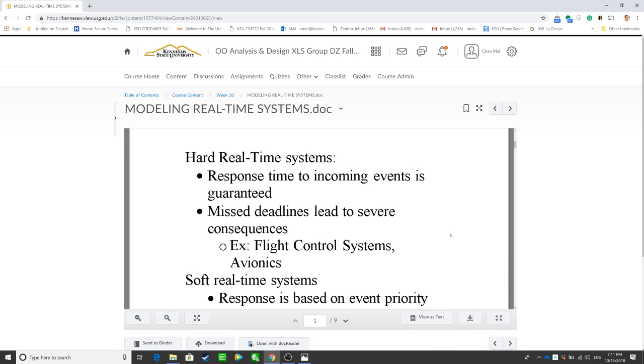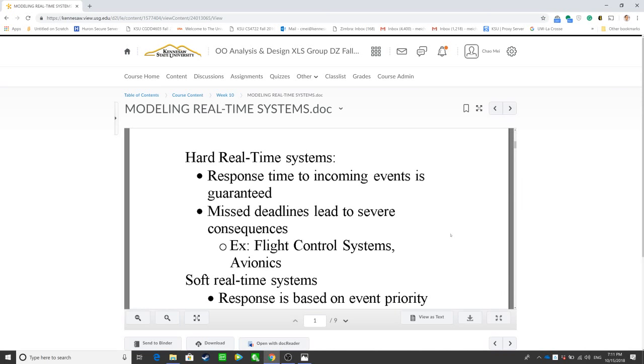We have two different types of them: a hard real-time system and a soft real-time system. In the hard real-time system, you have to guarantee the response time, like the flight control system. You cannot just say we need maybe 1 minute.